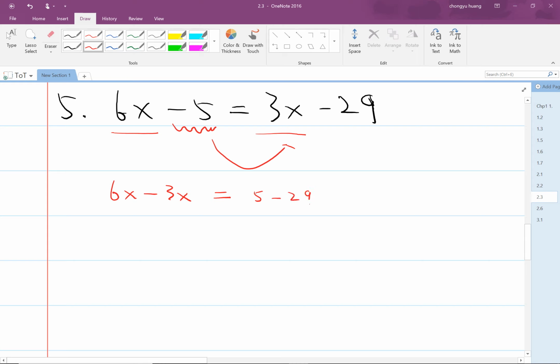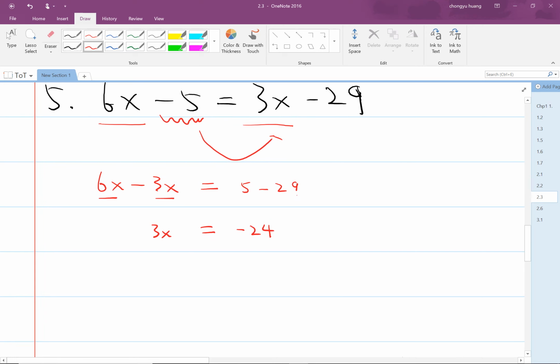Then 6x minus 3x becomes 3x. So 3x is equal to 5 minus 29, which is negative 24.